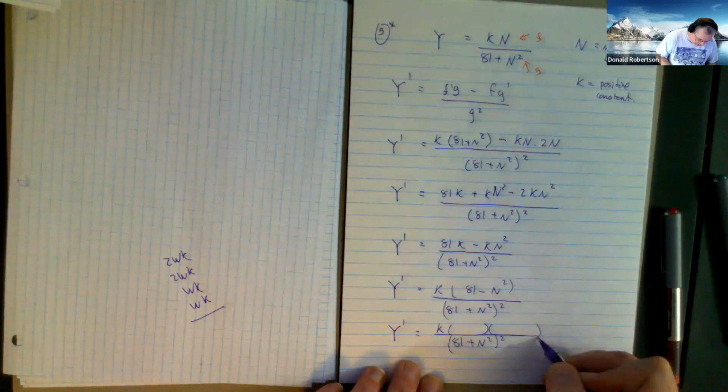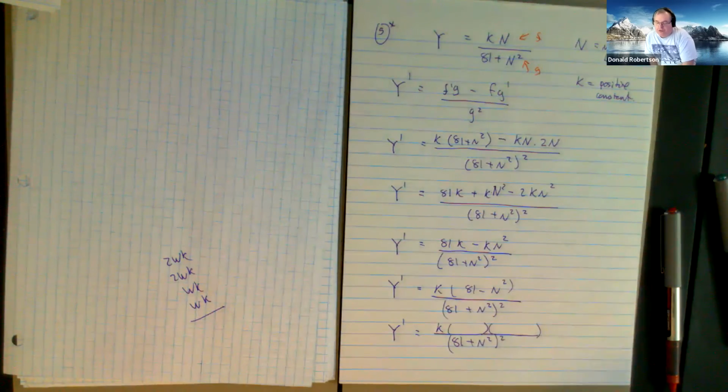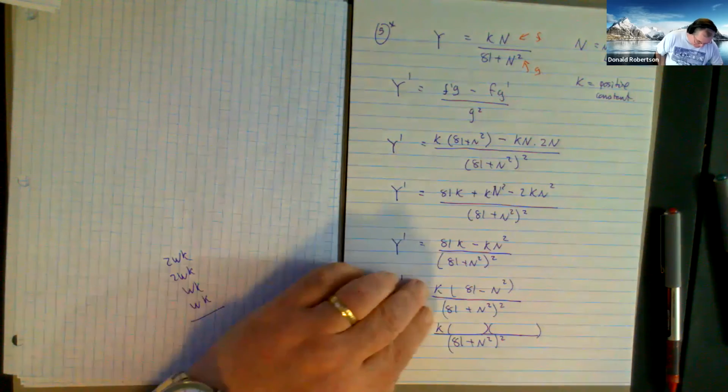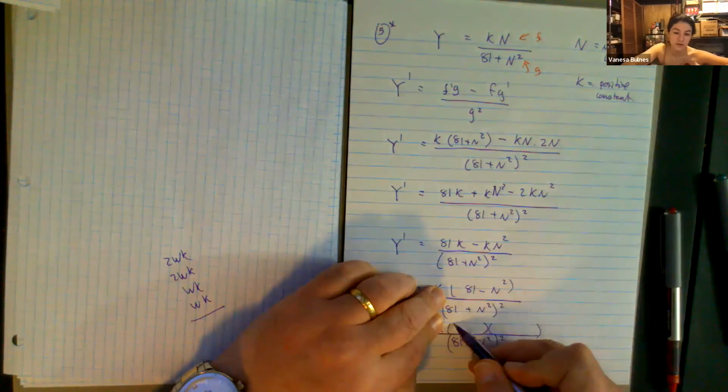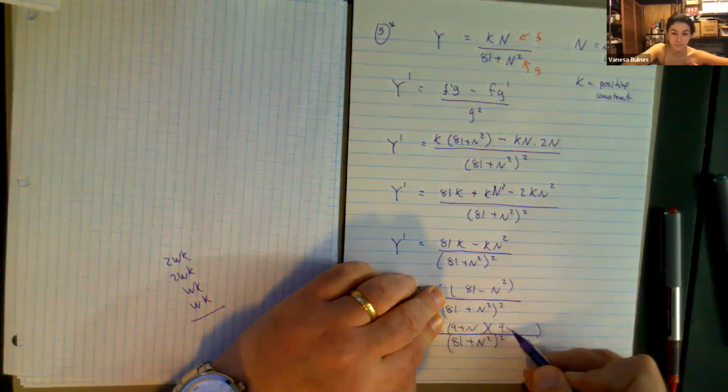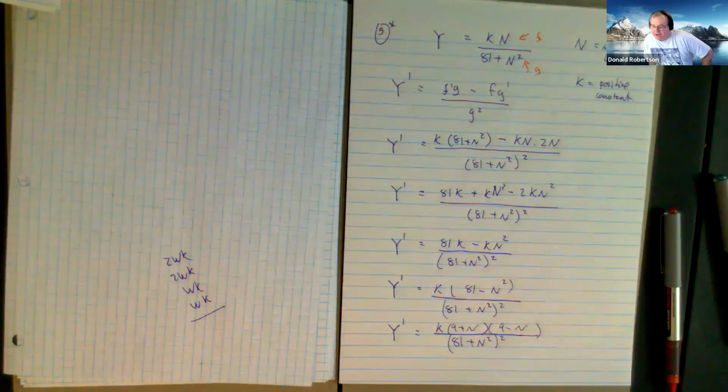Do you recognize that 81 take away n squared is a difference of two squares and therefore can be factored? What are the two factors that you get? 9 plus n and 9 minus n. Correct. Okay, so we are finished with style points. Haven't we factored the heck out of this? You can't factor it any more.